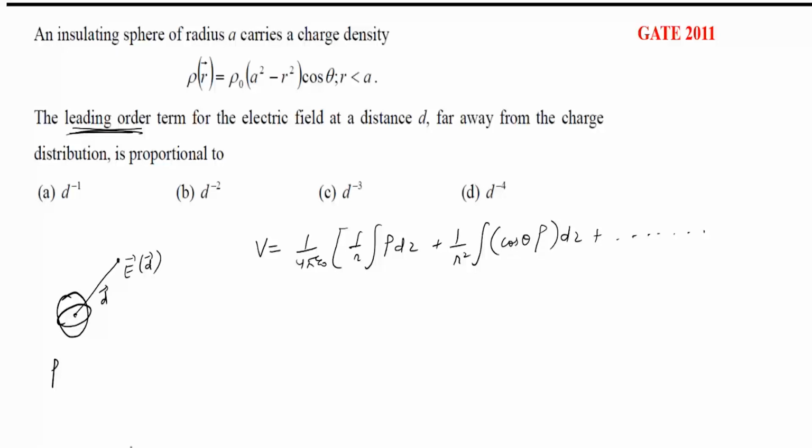The first thing you have to do is check this term first. What type of coordinate system can you use here? Can you use spherical coordinates? Yes, sir. So in spherical coordinates, what is d tau here? R square.